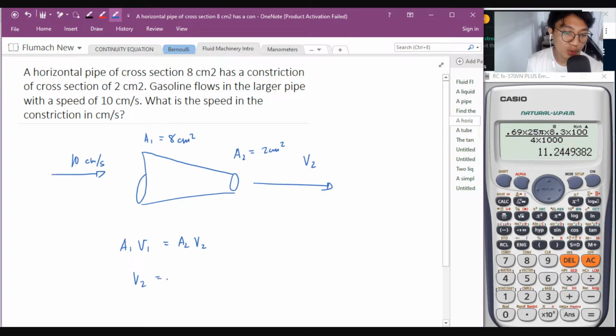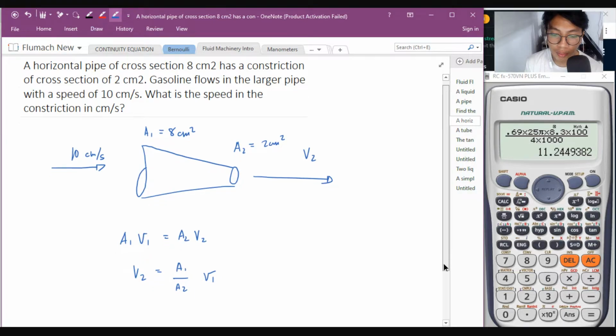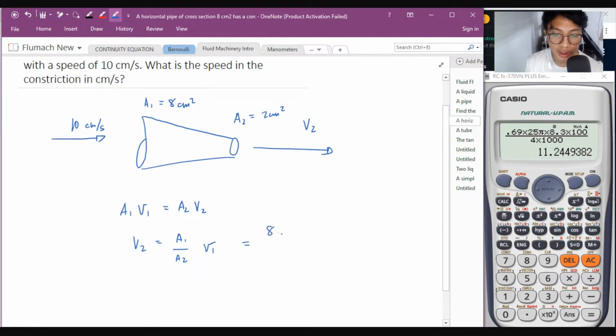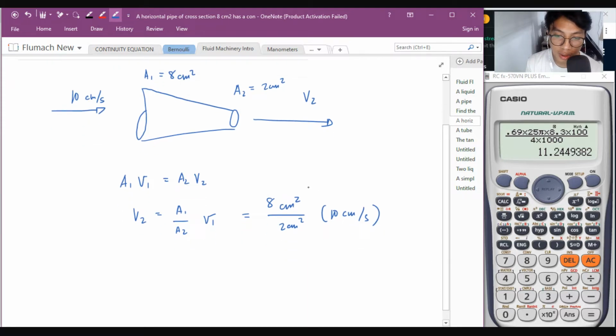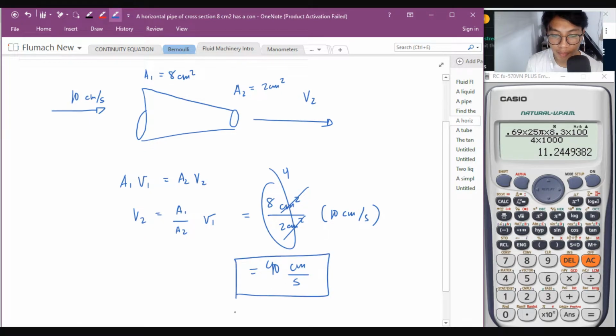So, V2 is equal to A1 over A2 V1. O, anong sagot? A1 is 8 cm squared over 2 cm squared multiplied to 10 cm per second. O, anong lalabas dyan? Cancel yung cm squared. 8 over 2, bali magiging 4. 4 times 10, that is 40 cm every second. Basic, di ba? Hindi mo kailangan mag-math. Hindi mo kailangan mag-calculator. Basic math lang yun.